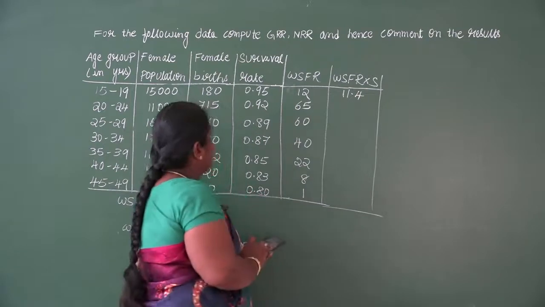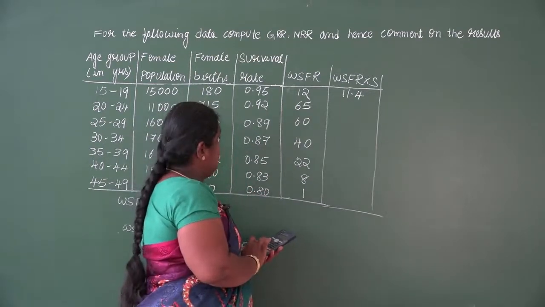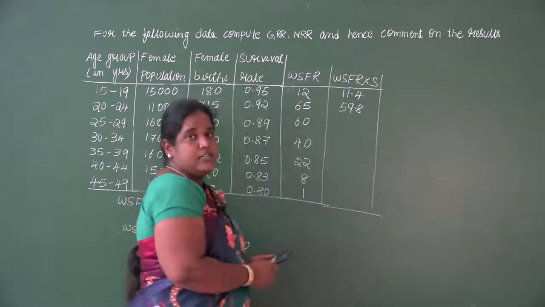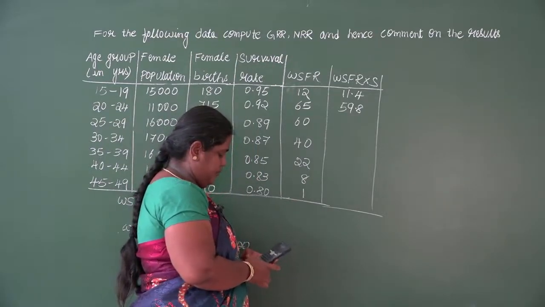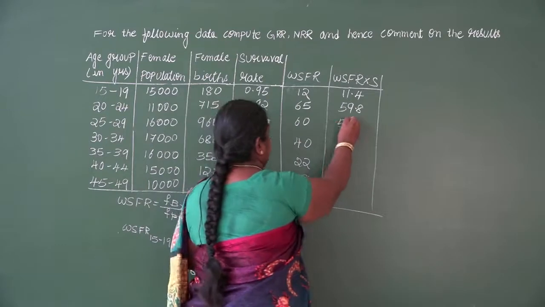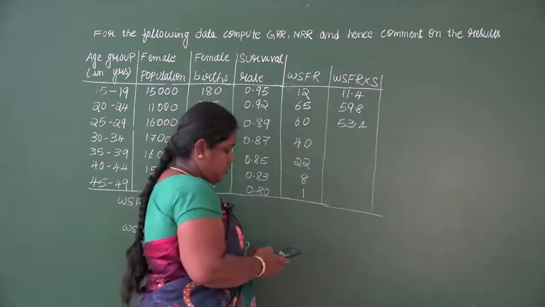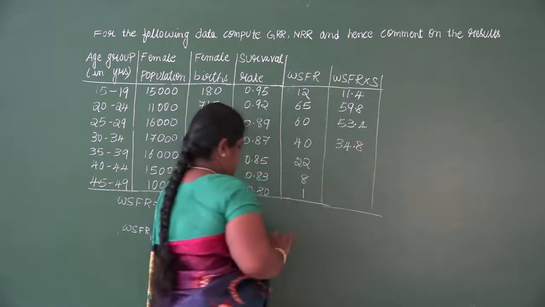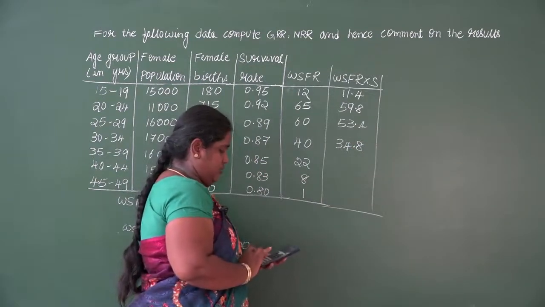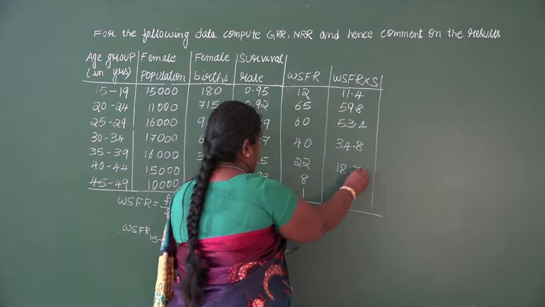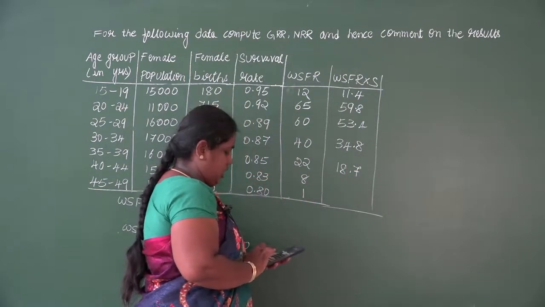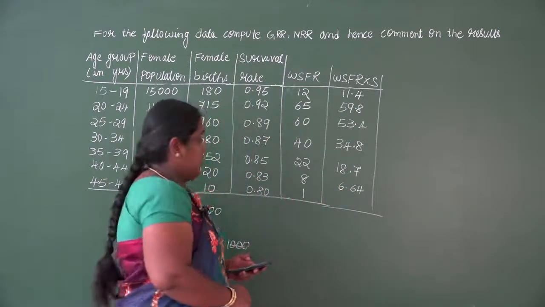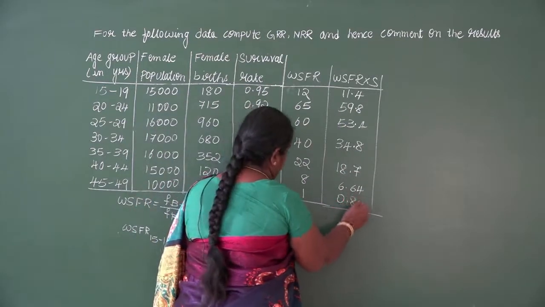The next one, 0.92 into 65, 59.8. Next 60 into 0.89, 53.4. 40 into 0.87, 34.8, 22 into 0.85, 18.7, 0.83 into 8, 6.64, 0.80 into 1, 0.80.